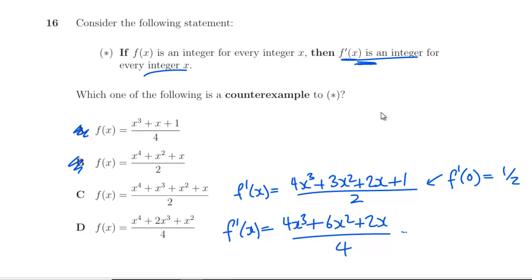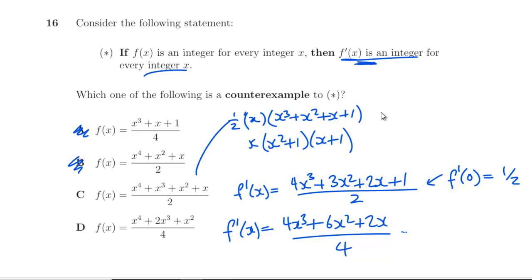We've got the counterexample in the second part, but how do we know that f of x is going to be an integer for every integer x for this? Factorise probably. So we want it to be even because we're dividing by 2. So we've got x cubed plus x squared plus x plus 1. So I want x squared plus 1 times x plus 1 to be even.